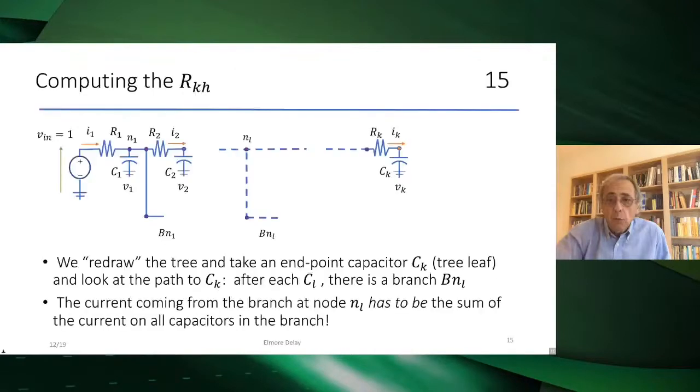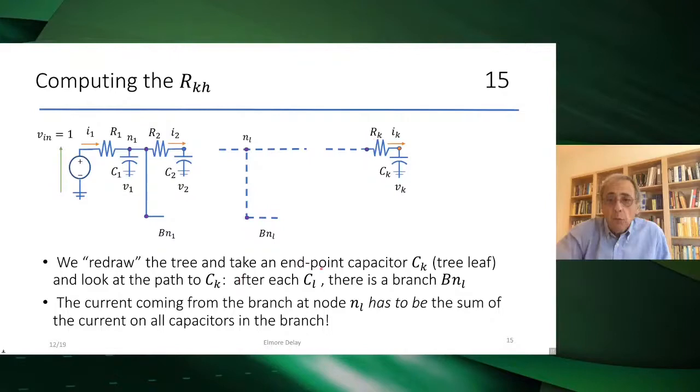So now let's look at the general case. And I reorder the tree. This is the one that I'm interested in looking at, so I put it as a straight line. And at every one of these intermediate nodes, there could be a branch.